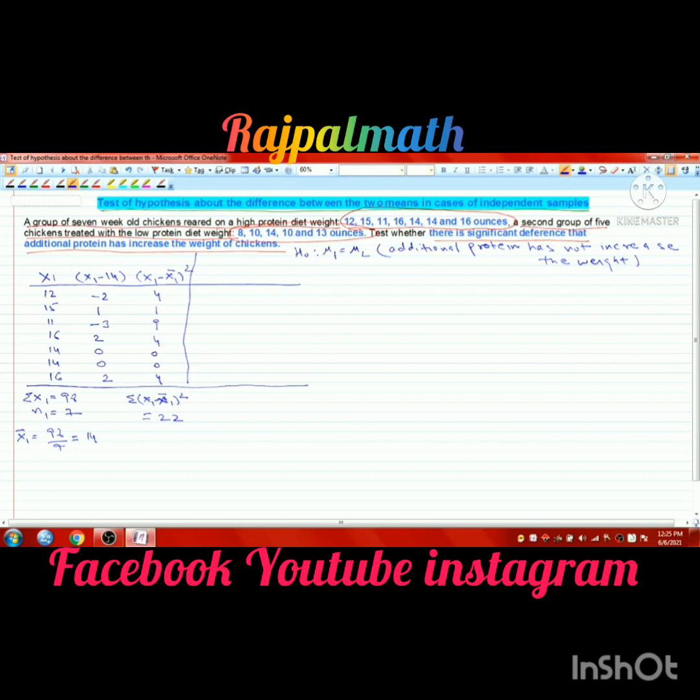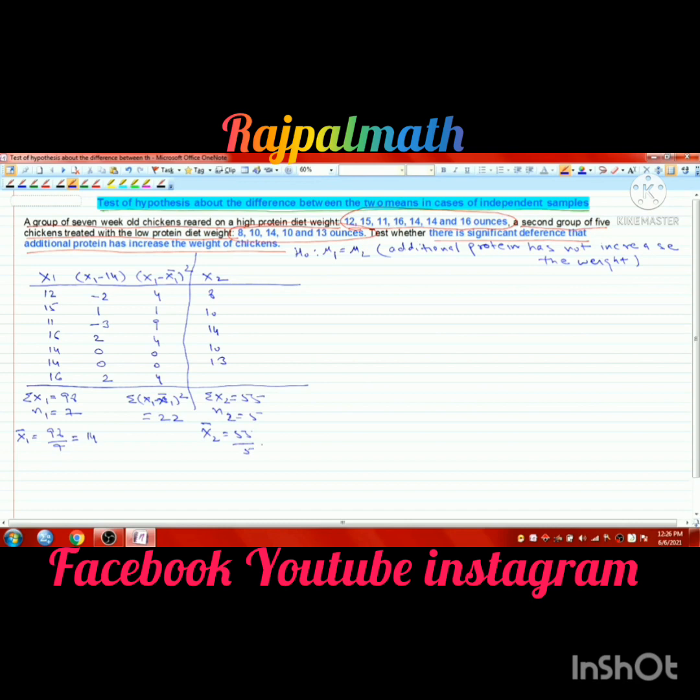Now for group 2, the second independent group, x2: 8, 10, 14, 10 and 13 ounces. Here the sum total, summation x2, is 55. The number of observations n2 is 5. Two unequal independent groups are there.